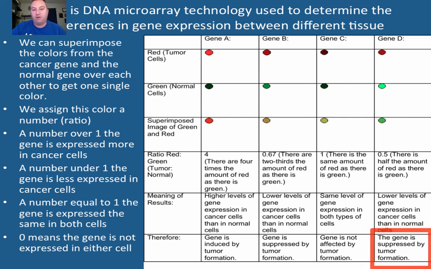So gene A is induced by tumor formation, so think of it as an oncogene, whereas genes B and D would be tumor suppressor genes, they're turned off. And gene C, since it's 1, the same amount in both cells, probably doesn't have anything to do with the cancer. And that's how we can interpret the results from a DNA microarray.